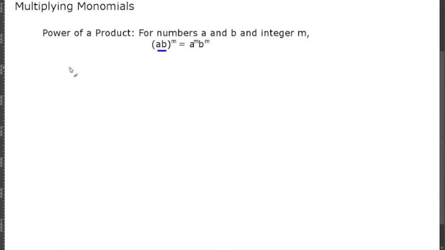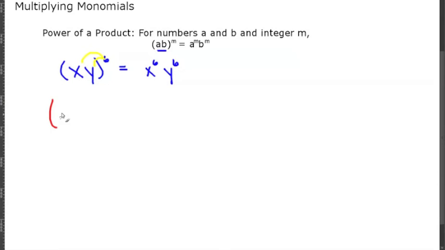So that would be like saying if we had xy to the 6th, we would distribute this 6 in with the y and in with the x. So that would leave us with x to the 6th times y to the 6th.